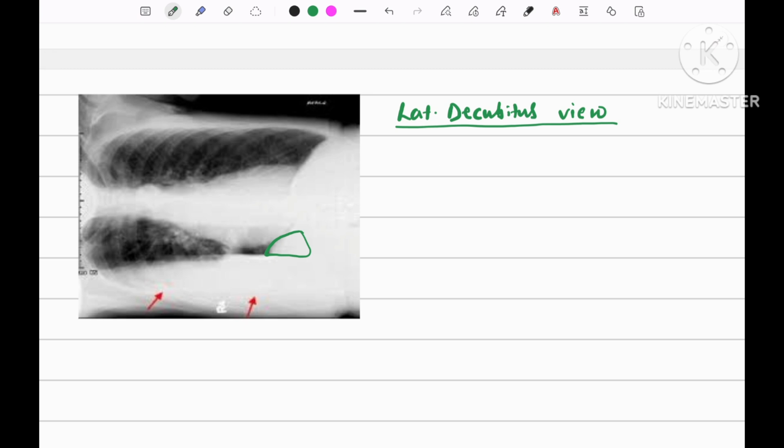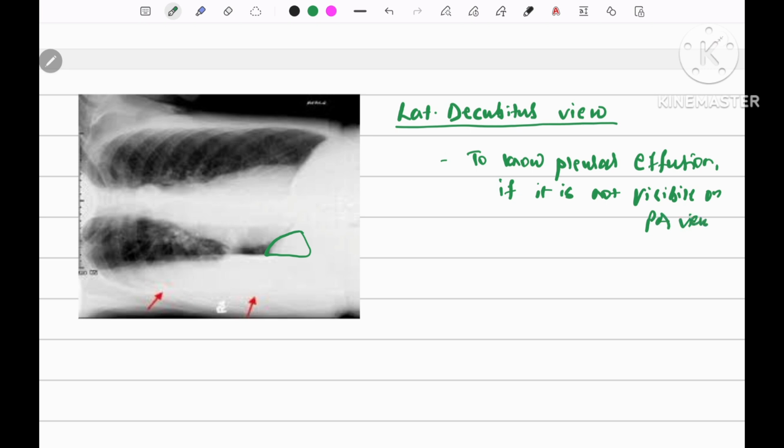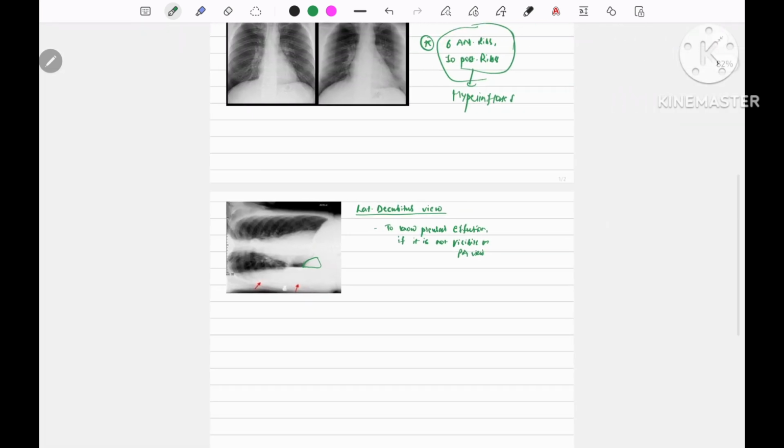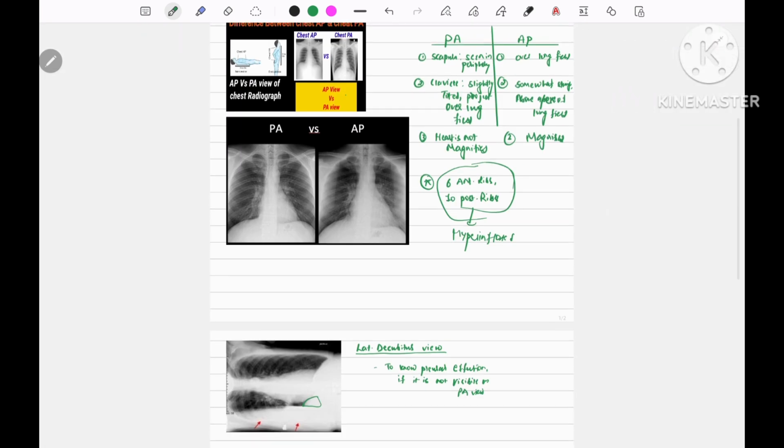So usually it is taken to know about pleural effusion, if it is not visible on PA view. So these are the three views which we use to take the chest X-ray.